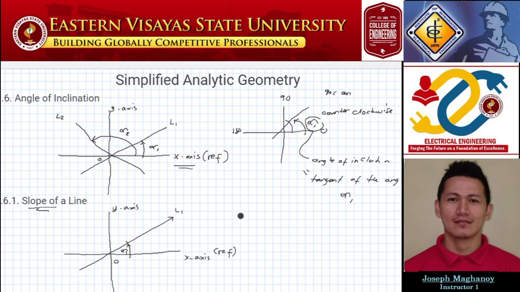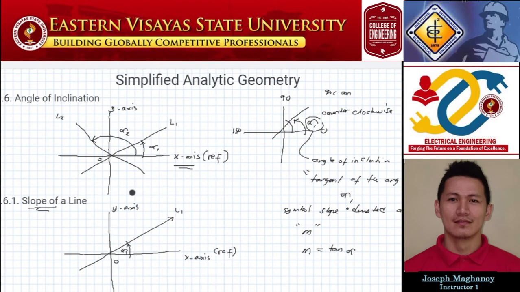The symbol for slope is denoted as letter M. If M is your slope, therefore M is equal to the tangent of your inclination, alpha. So that is your slope.